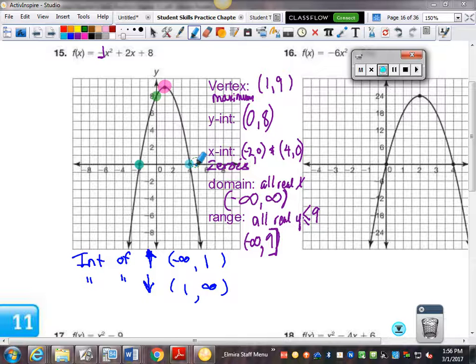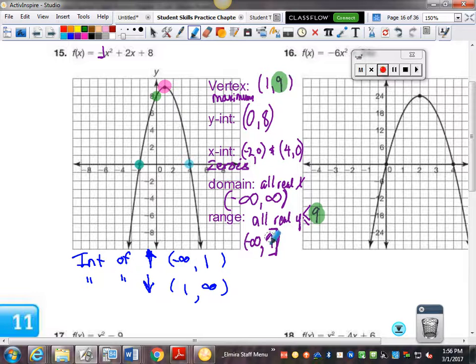Again, the domain of every quadratic is all real x. The range of a quadratic, see the 9 here, is related to the vertex. So the range is going to be real y less than 9 because this parabola opens down.